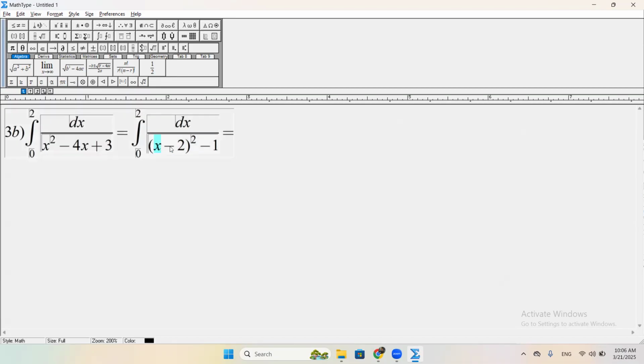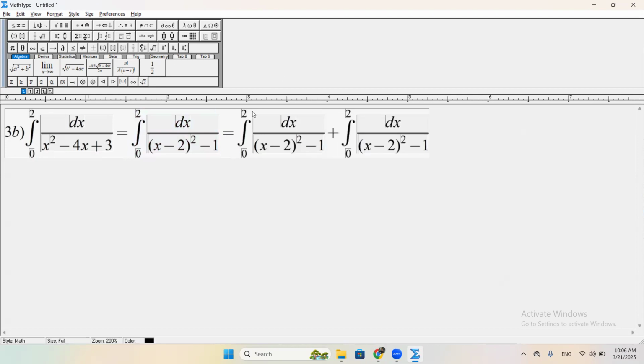If I substitute 1, I will receive infinity. So the singularity point is in the middle of the segment. So let's split it into the sum of integrals using the additivity property: the integral from 0 to 1 and from 1 to 2.